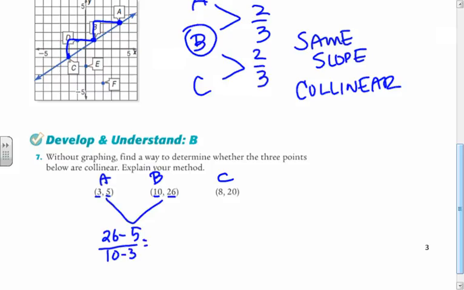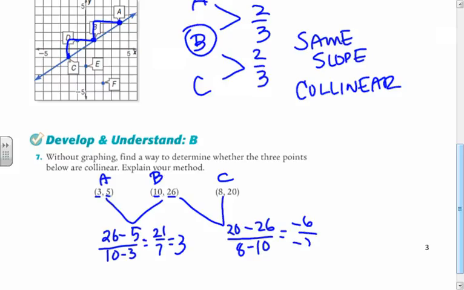So that's 21 divided by 7, which is 3. Now let's check out these two. We're going to take 20 minus 26 and divide that by 8 minus 10. Well, that's -6 divided by -2, and that's also equal to 3.